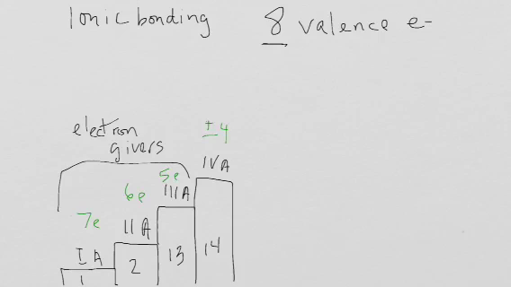So when we look at this, if we keep going, this is where you're going to see the pedestal start to fall down. So if we go to, let's say, group 15, and then group 16, and then group 17, we don't even talk about group 18 because they don't need any. So group 15, well, they are going to have 5 valence electrons, but they are only going to be missing 3.